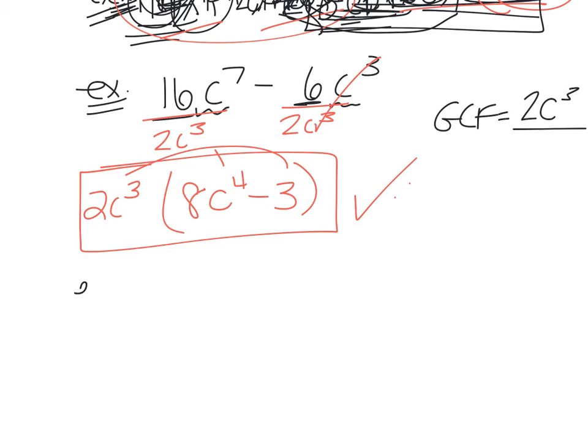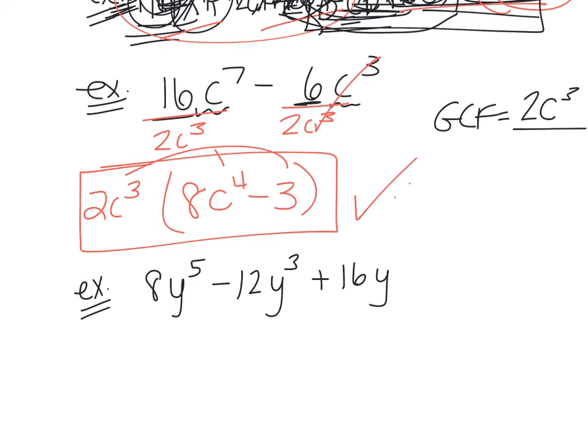So let's do one more together. 8y to the 5th minus 12y cubed plus 16y. So here I have 3 terms, so when I'm finding the GCF, they better have it in common with all 3 terms.